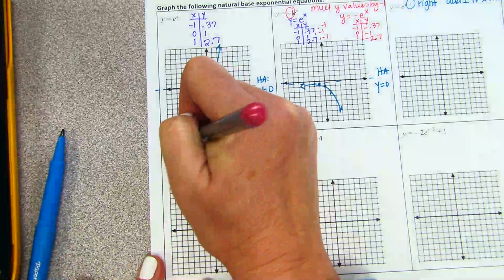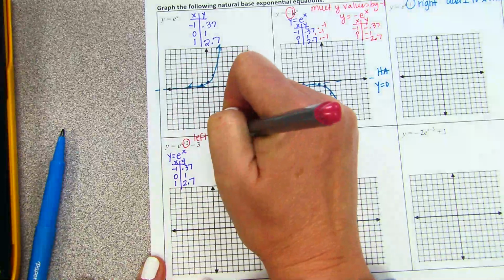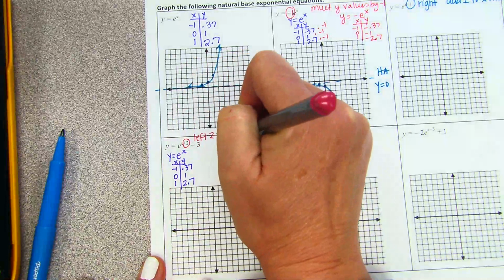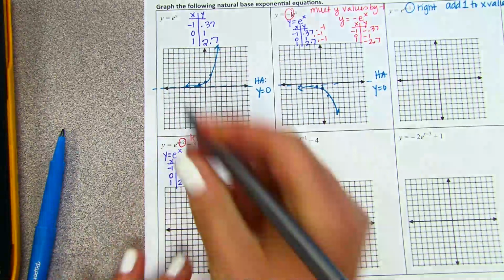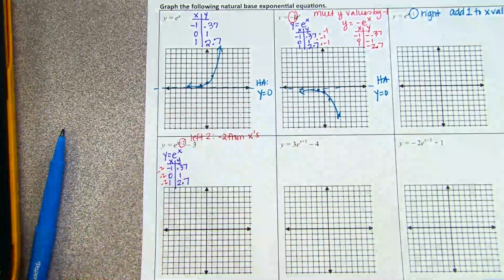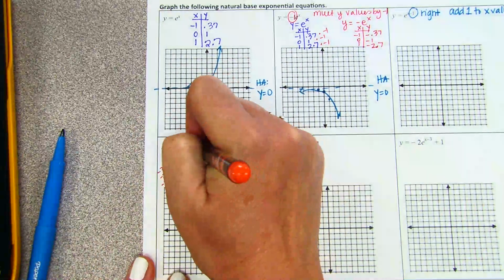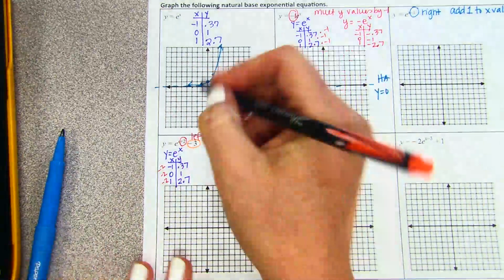Over here, because this goes to the left 2, it means I minus 2 from the x's. So I'm going to do minus 2, minus 2, minus 2. And then over here, this shouldn't be too bad because it's exactly the same as the exponential functions we did.